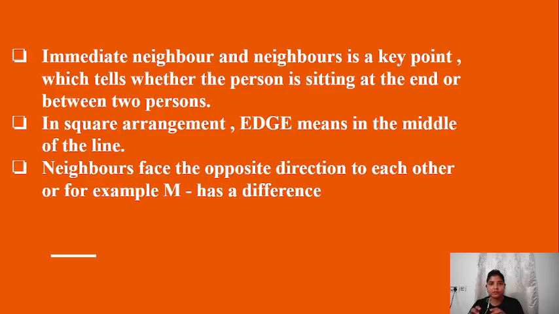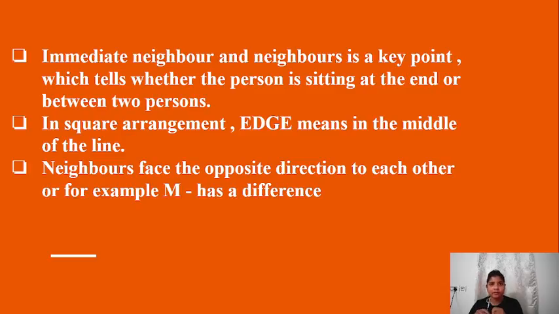If it is given in the statement that the immediate neighbor of X, that means X is sitting at the end of the line, because only the person sitting at the end of the line will have one neighbor. And if it is written immediate neighbors, that means X is not sitting at the end, but somewhere other than that. So it is also a very important keyword. This should be kept in mind while solving the puzzle.